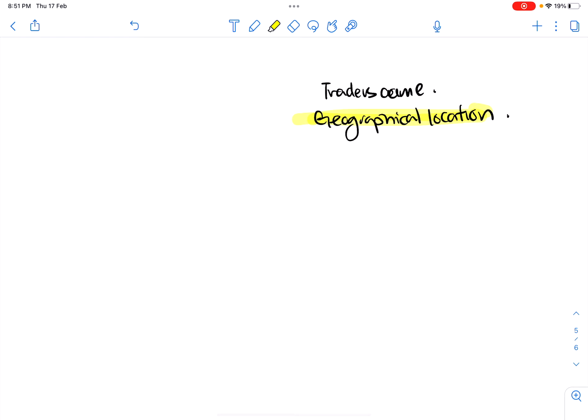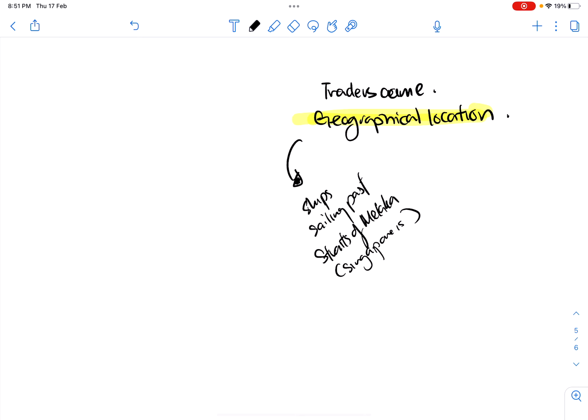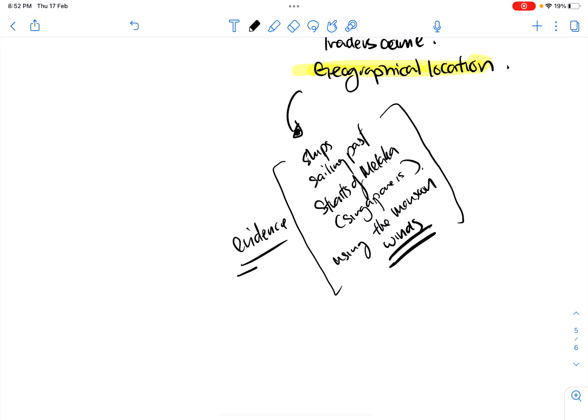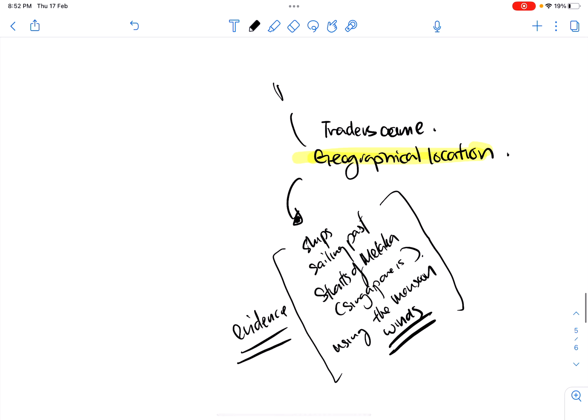Your evidence is you can see the ships sailing past the Straits of Malacca, where Singapore is, and they are using the monsoon winds that just so happen to be there. So this is your evidence, right? You are describing the map, and this is your point.